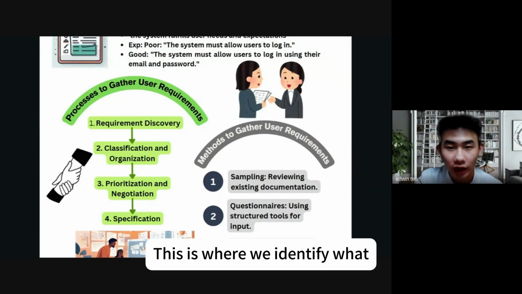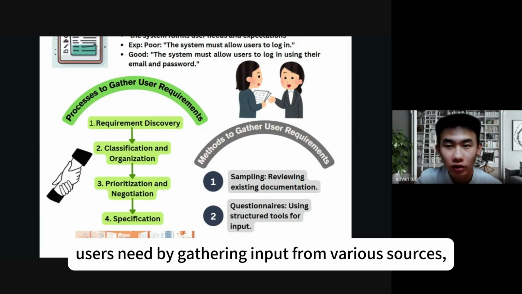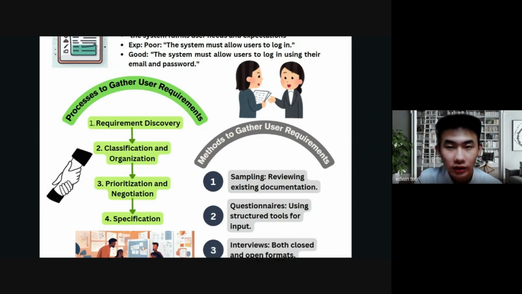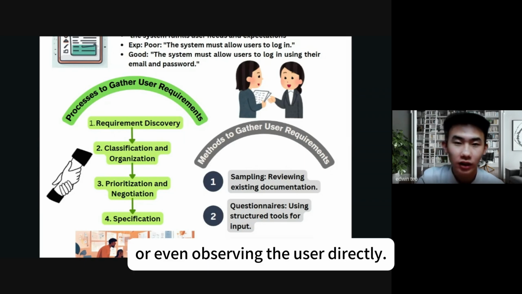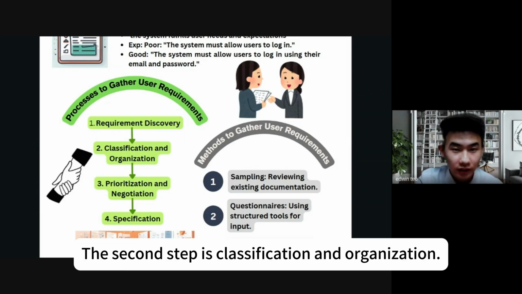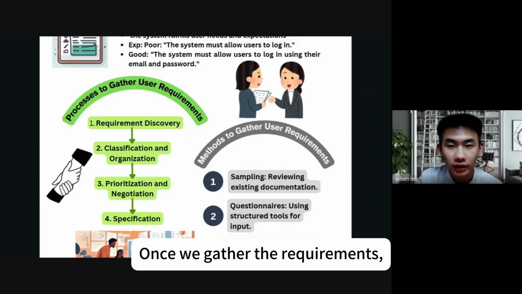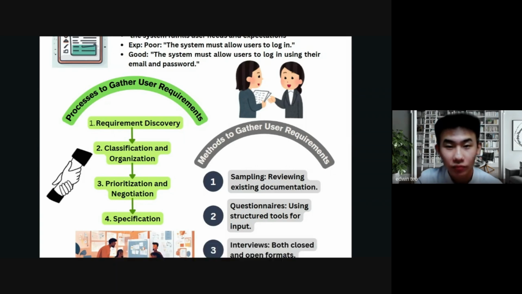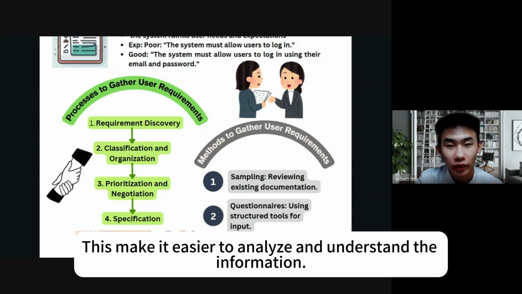This is where we identify what users need by gathering input from various sources, such as stakeholders, existing documentation, or even observing the user directly. The second step is classification and organization. Once we gather the requirements, we organize them into clear categories. This makes it easier to analyze and understand the information.